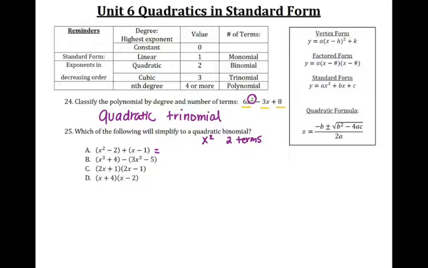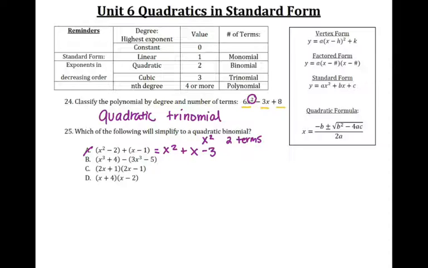I don't have any other x squares, so I have x squared. I'm just going to write it in standard form so it's in order. So x squared plus 1x, negative 2 plus negative 1 is negative 3. This is a quadratic, but I have 3 terms, so it is not a binomial.